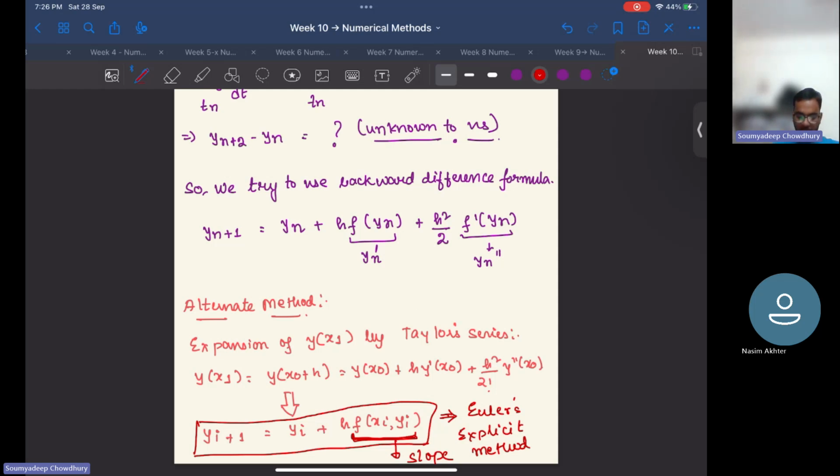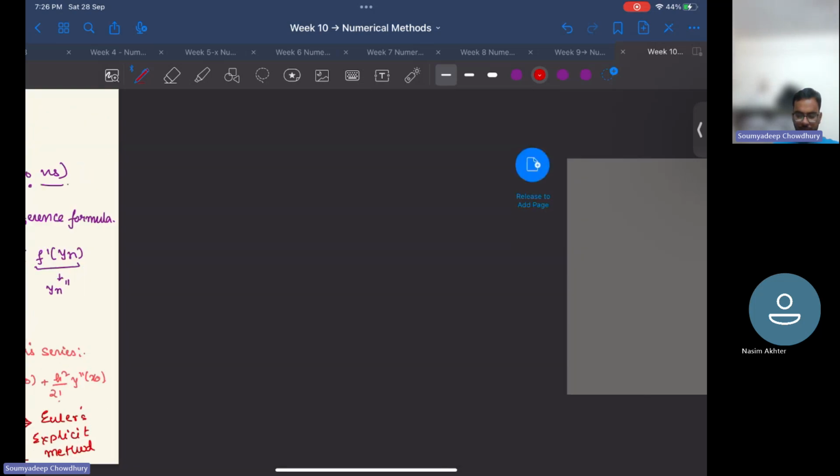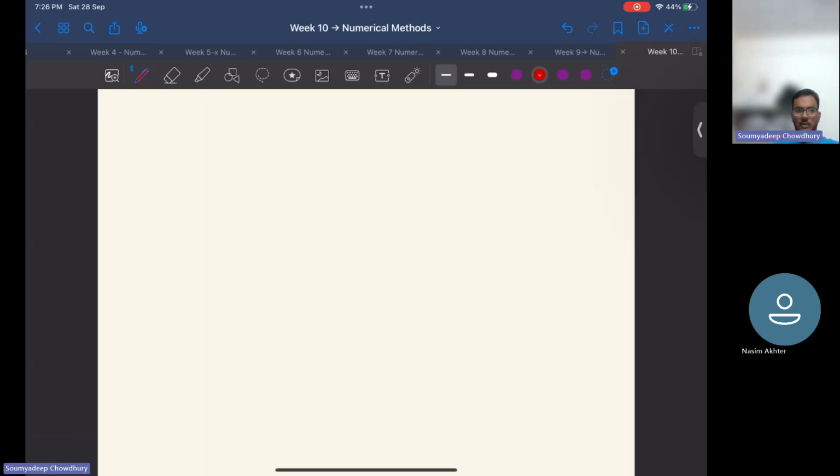Just remember this thing. It is fine, right? You are able to understand? Yes, it is fine. Is it clear to you, Nasim? Yes, it is clear. So this is my Euler's explicit method equation, right?